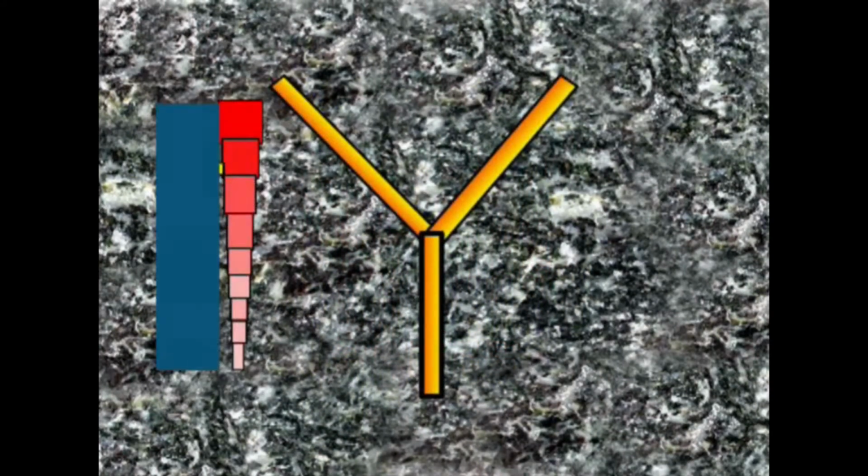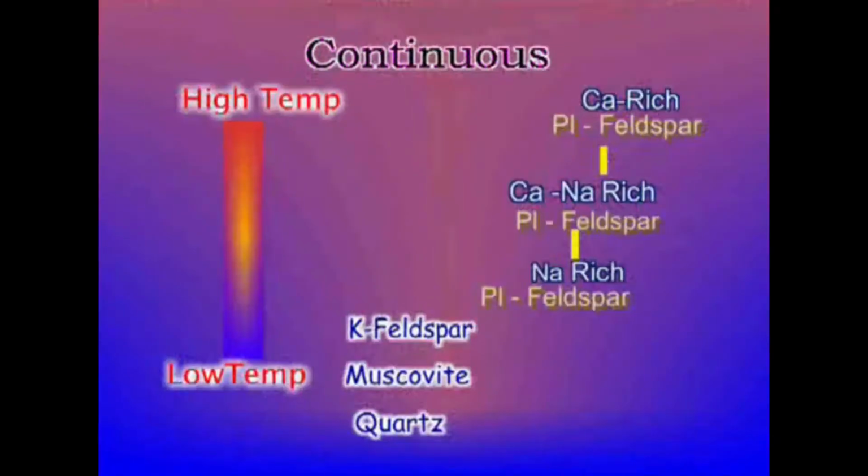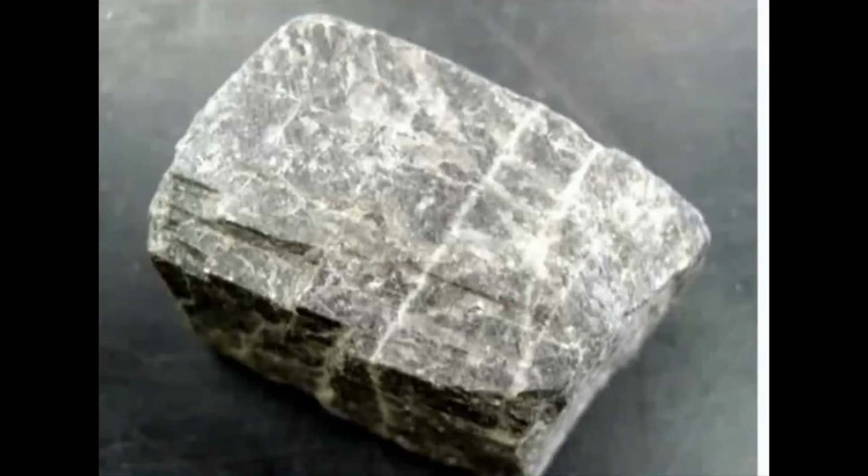As we see in the diagram, the right hand side of Bowen's reaction series is all plagioclase. Plagioclase minerals have the formula CaNaAl3Si3O8. The highest temperature plagioclase has only calcium. The lowest temperature plagioclase has only sodium.